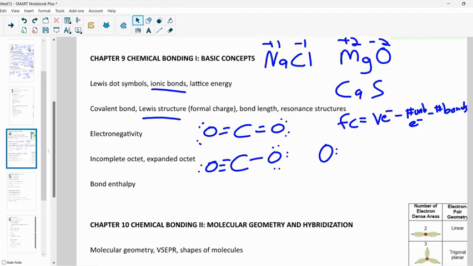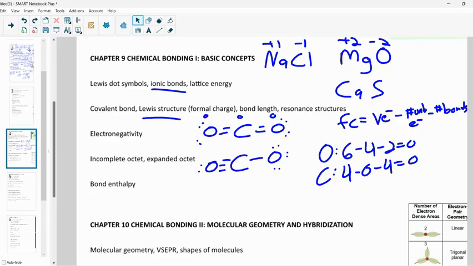The oxygen's formal charge is going to be 6 valence electrons, minus 4 unbonded electrons, minus 2 bonds, 0. So this one is 0, that one is 0. Carbon, how many valence electrons? 4, minus 0 unpaired electrons, minus 4, 0. All right. So that one looks pretty reasonable. Why does that one look reasonable?